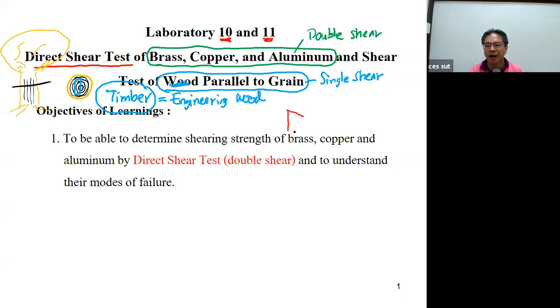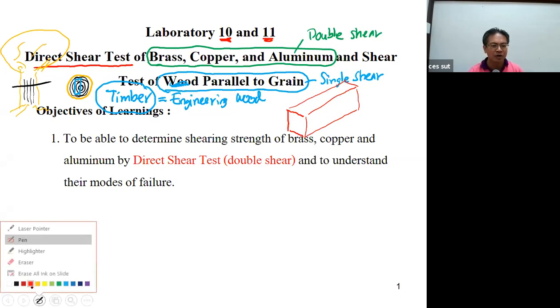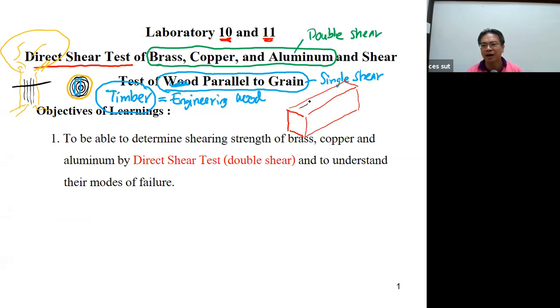Most of the timber will come in a piece something like this, and you have the grain parallel to the length of the structural member.